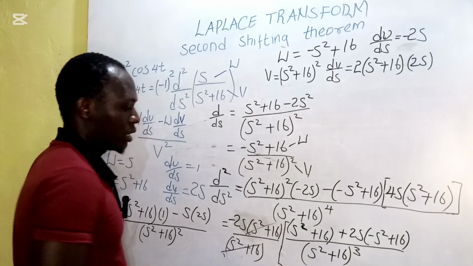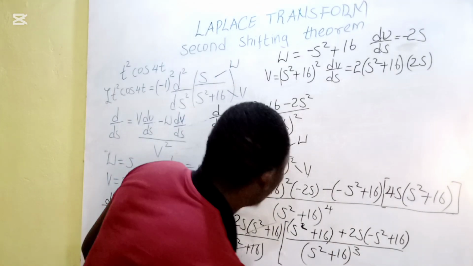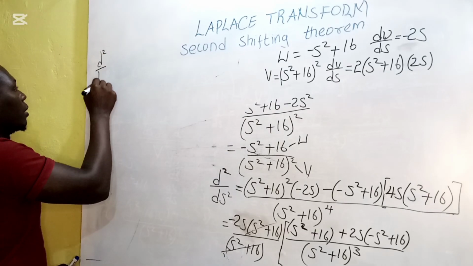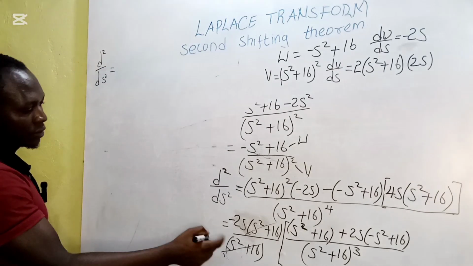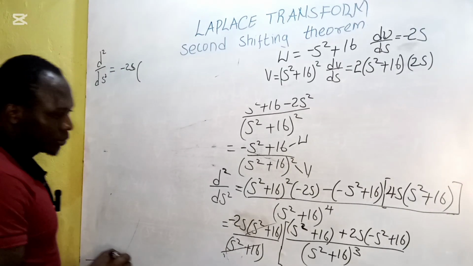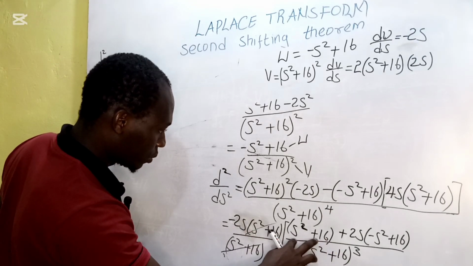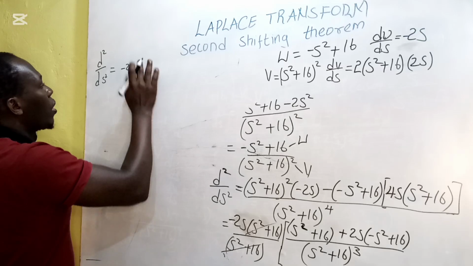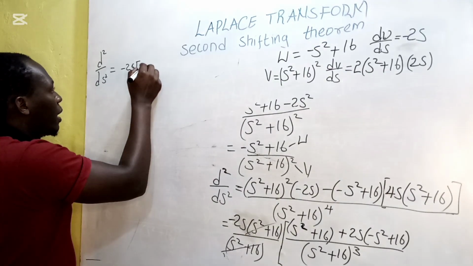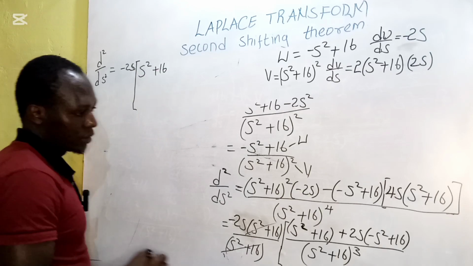These two are going to cancel out, and when they cancel out, here I'm going to have dv squared is equal to negative 2s into s squared I add to 16.